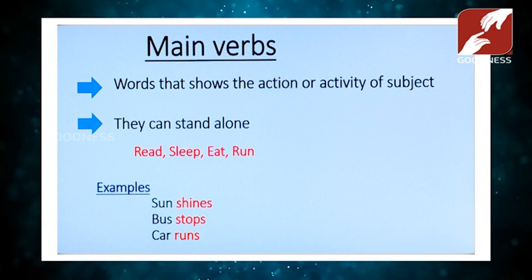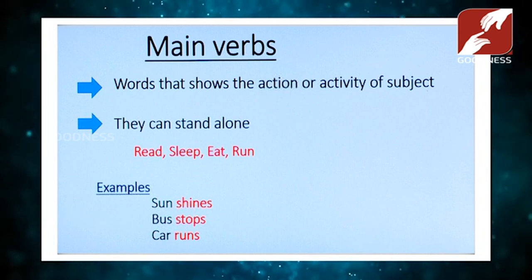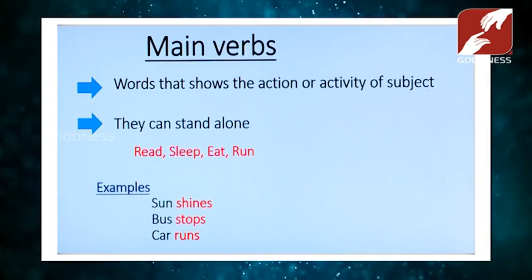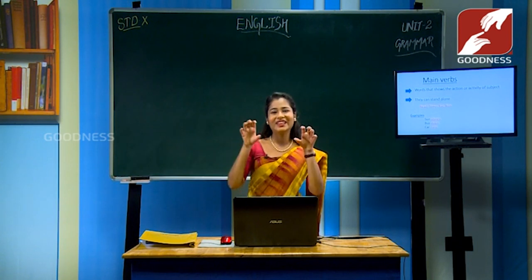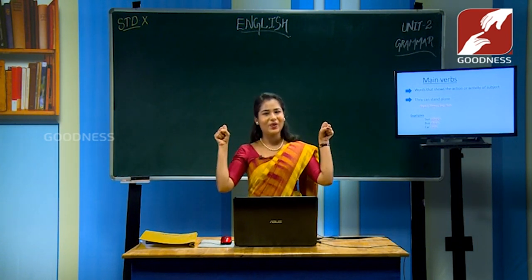One of the peculiarities of these verbs is that they can stand alone. Why? Because all these verbs such as read, sleep, eat, run have a particular meaning. Even if we take them alone, they do have a particular meaning. So they can stand alone.